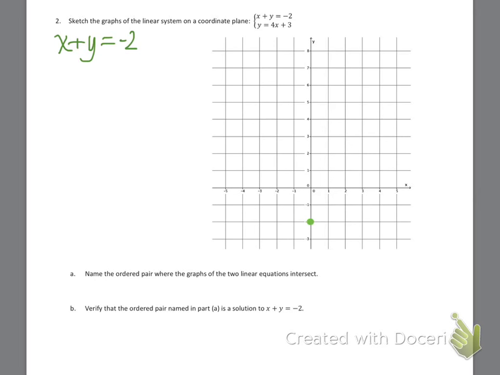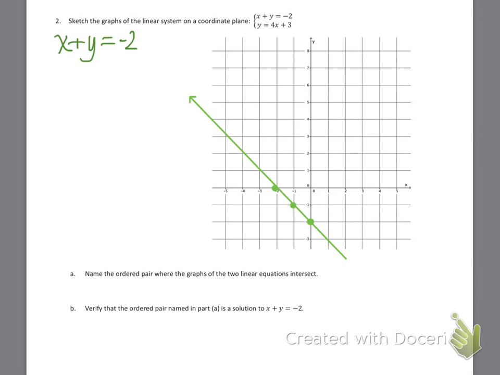And when y is 0, that drops out, x is -2. So (0, -2) and (-2, 0) are both points on that graph. And it looks like (-1, -1) would also be a point right there. So we got 3 in a row. So let's get a line through those. Pretty good. There we go.